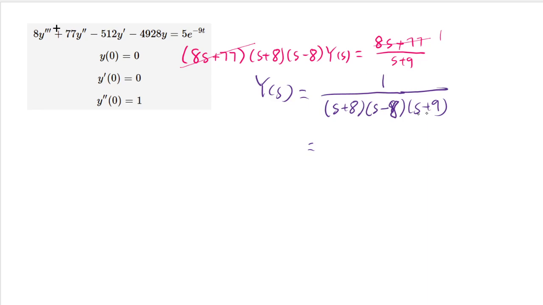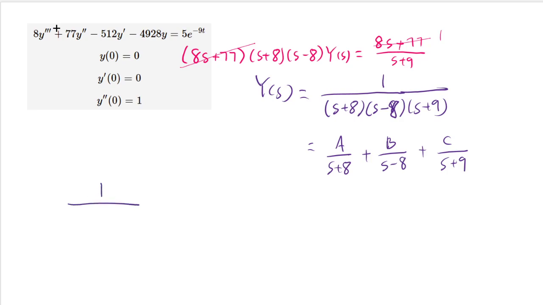The partial fraction expansion of this would be a over s plus 8 plus b over s minus 8 plus c over s plus 9. And let me show you a quick way to find A, B, C. So here's what you do.